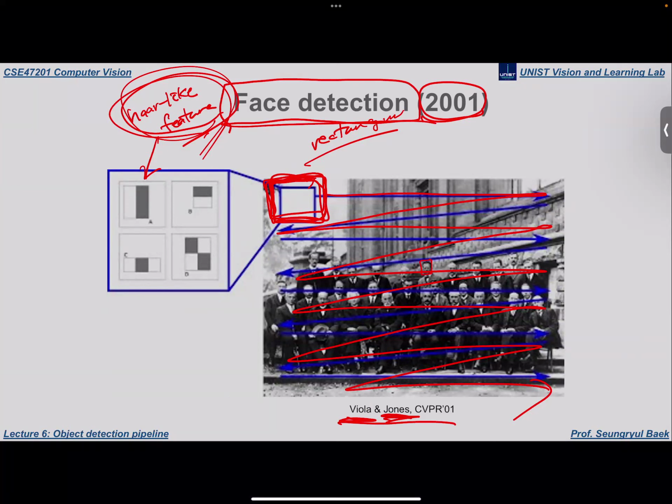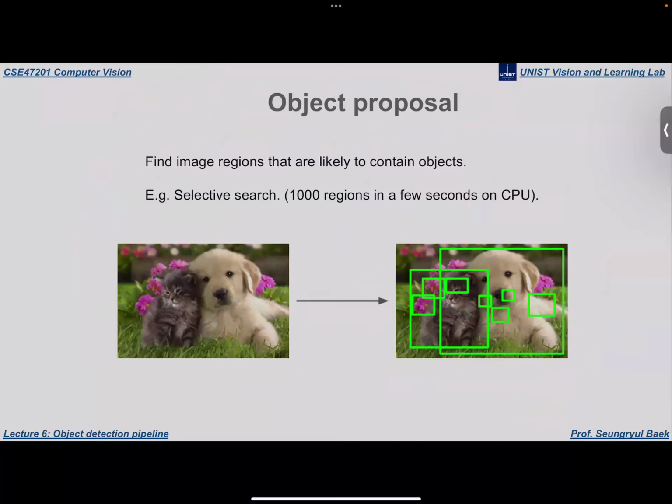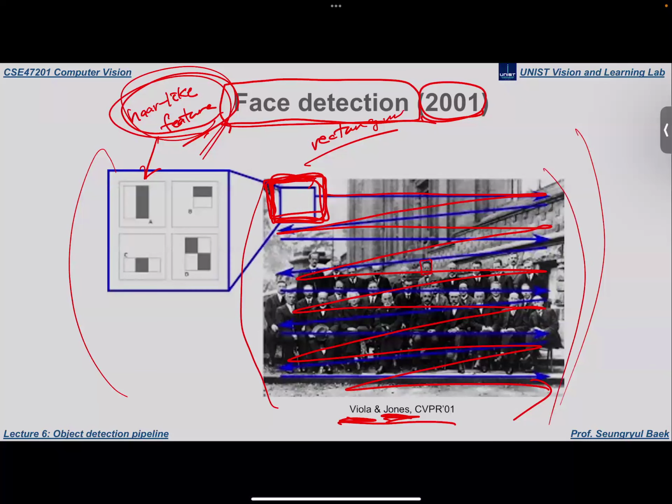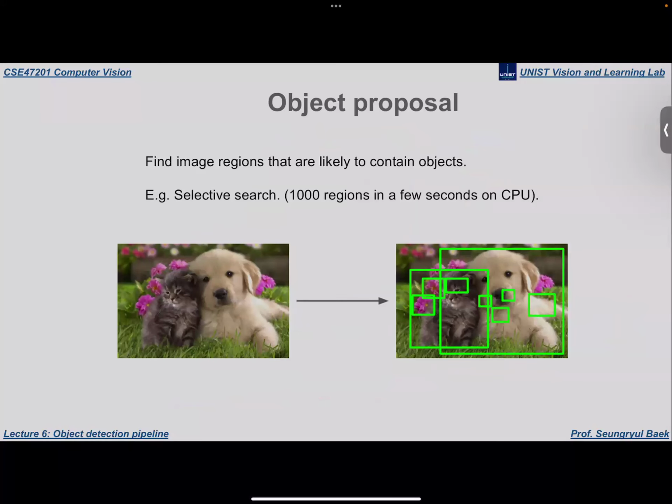I want to show you that this sliding window approach was indeed practical for classical machine learning algorithms, but nowadays we are using deep architectures, and that is no longer practical. So computer vision researchers tried to extend the CNN architecture, which is the image classifier, towards the object detection pipeline using this sliding window approach as well, but they felt that it was inefficient.